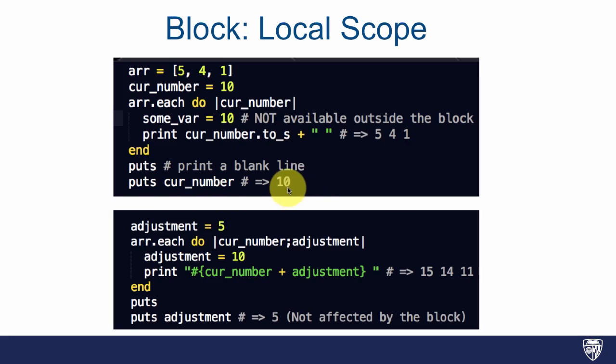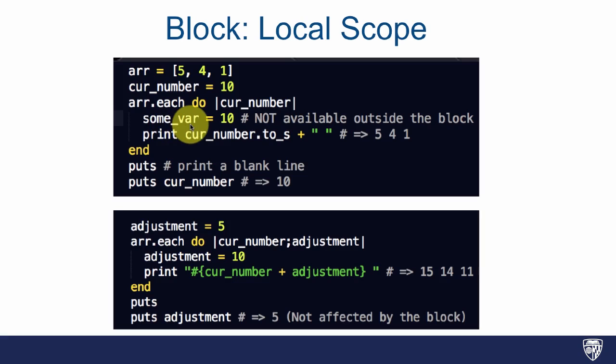And the current number is still 10 on the outside. So because the parameter to the block is current number, the outer variable is actually not accessible inside the block because you named it the same, so the scope does not go inside the block.